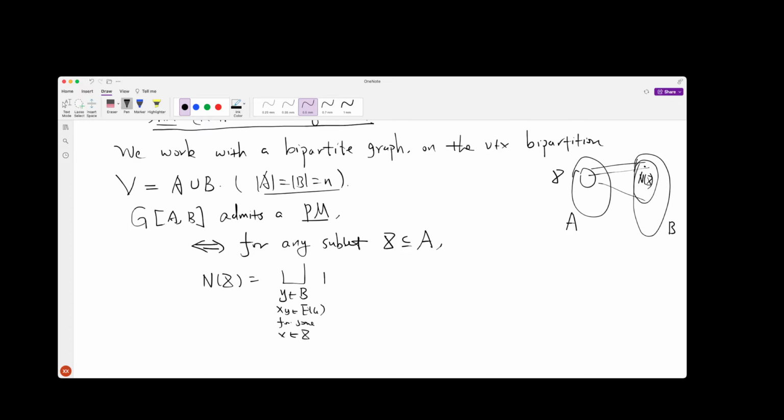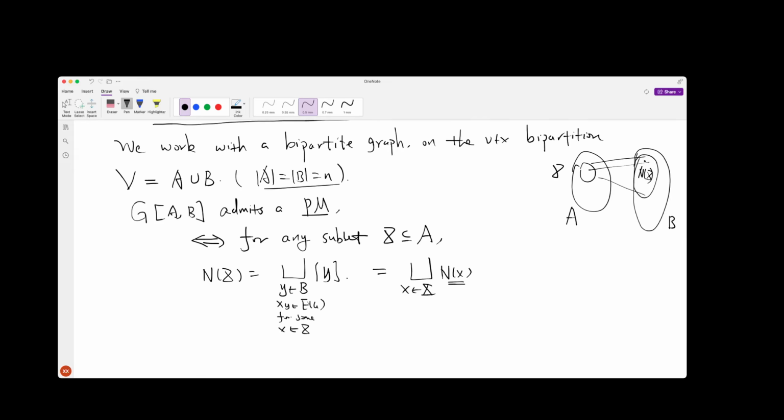So we put all x in X, and we write N of X, the union of neighbors. Okay, so this is the definition. So let's come back.